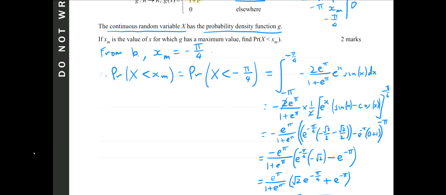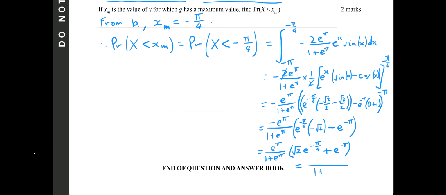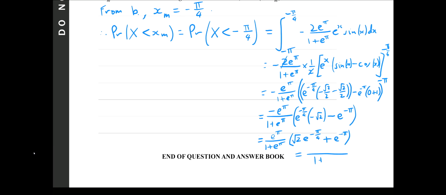We're going to have 1 plus e^π on the bottom, and multiplying e^π through, so e^π times e to the negative π on 4. So the root 2 will stay there. And e^π times e to the negative π on 4, that's e to the 3π over 4. And then e^π times e to the negative π, well, that is just 1.